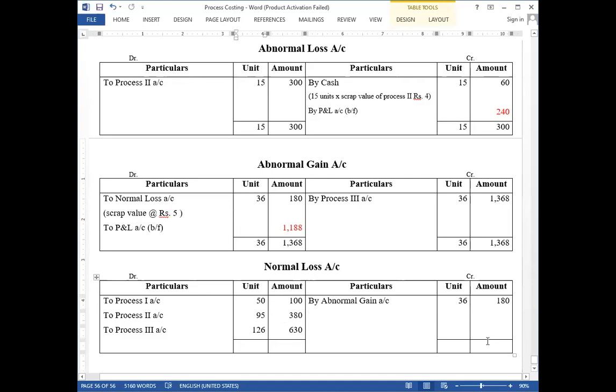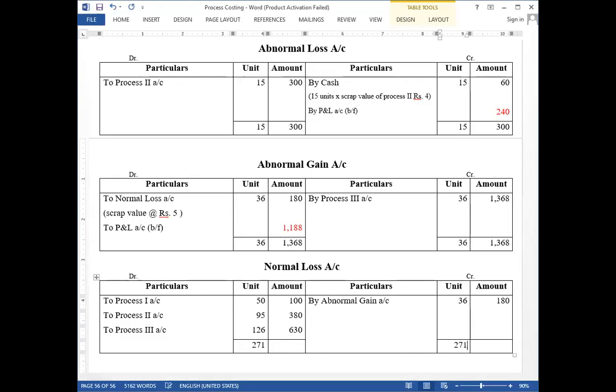So take the total. What is the total of this side, unit column? What is the total of this one? 271 units.